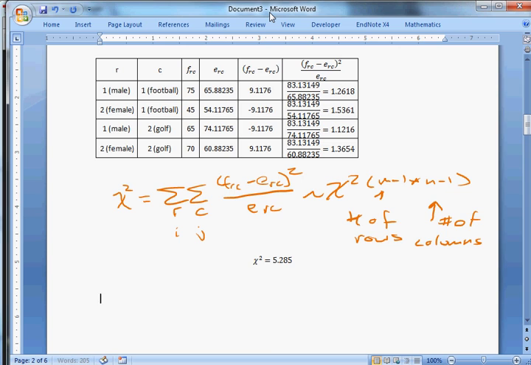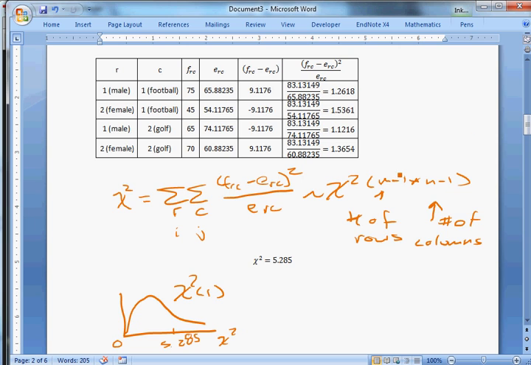And under the null, if you remember, we have a distribution chi squared with 1 degree of freedom. Right, so we can draw that curve if we want. It's going to look something like this, only not really, but that's good enough. Chi squared, 0's here, and we have a test statistic at 5.285.